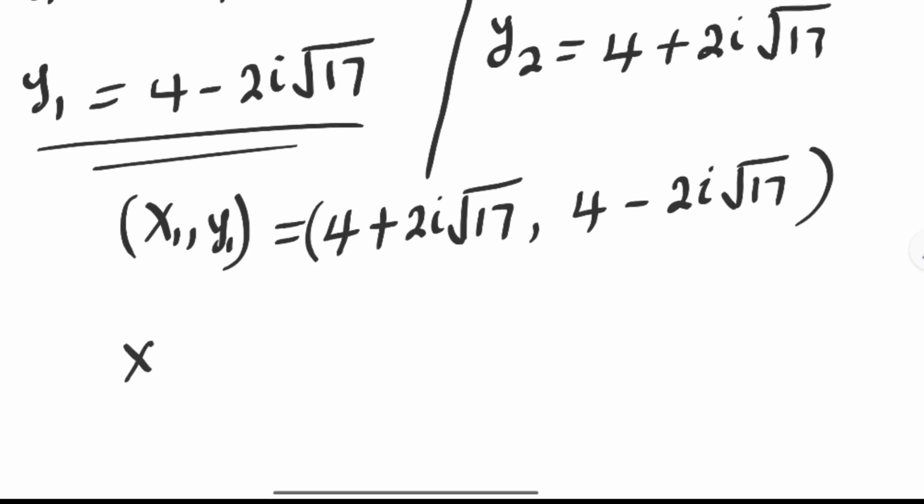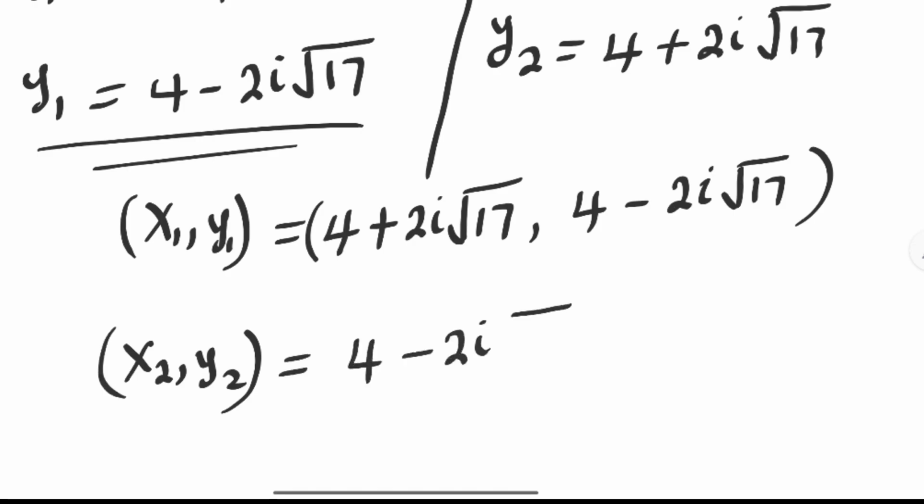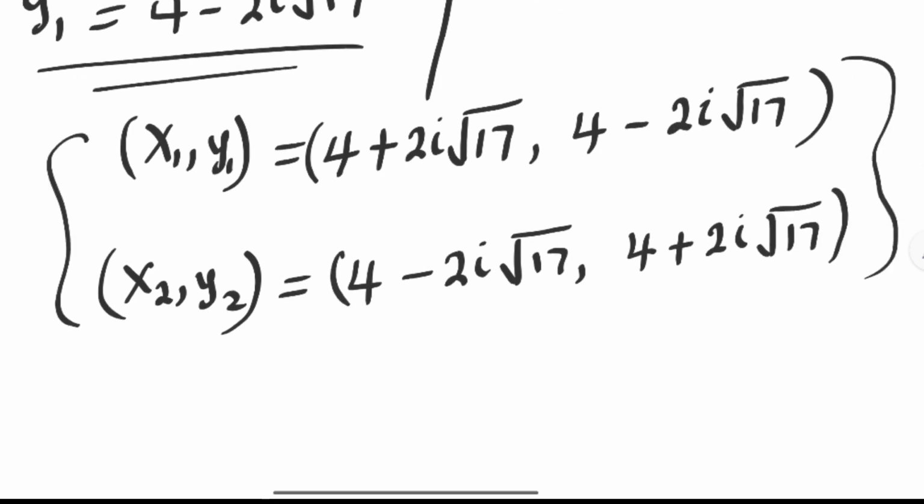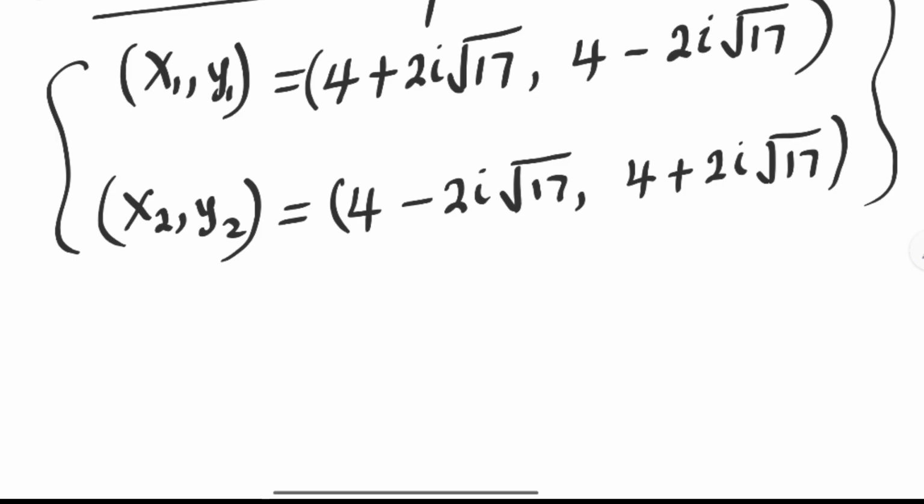Then x2, y2 is equal to 4 minus 2i square root of 17, 4 plus 2i square root of 17. These are the final answer. We may check to confirm if this answer is right or wrong. Let's check.